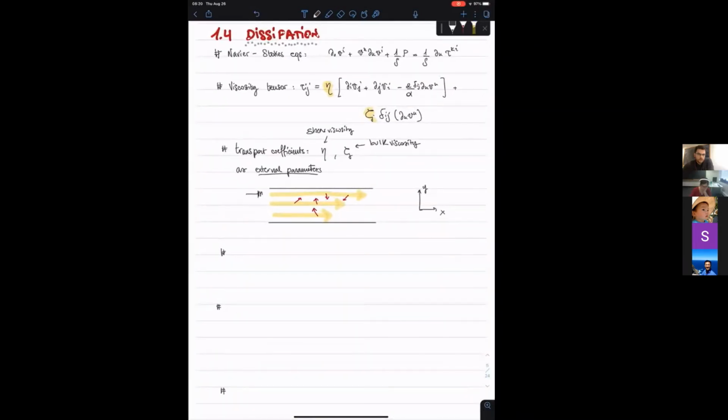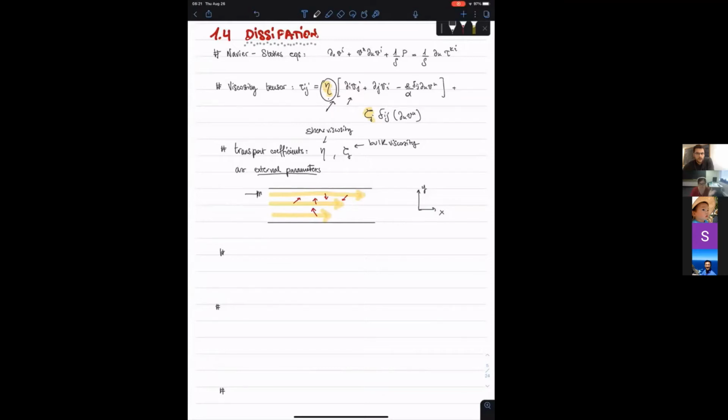And in this case, in particular, by this shear viscosity term, because it represents the transfer of velocity in the transverse direction, which is captured by this tensor here. So this will capture the variations of the velocity in the direction which is transverse to the flow. And how much the fluid layers drag the other fluid elements will be captured by the strength of this coefficient here, the shear viscosity.